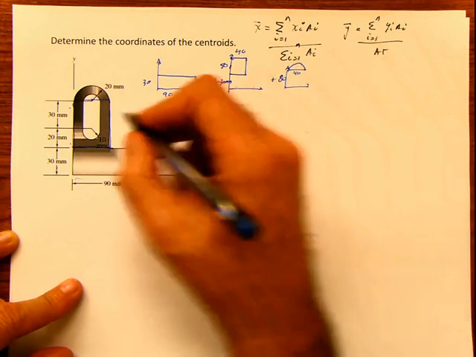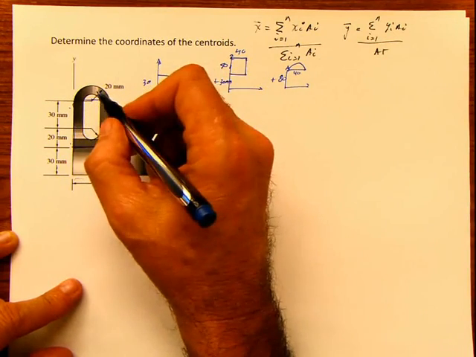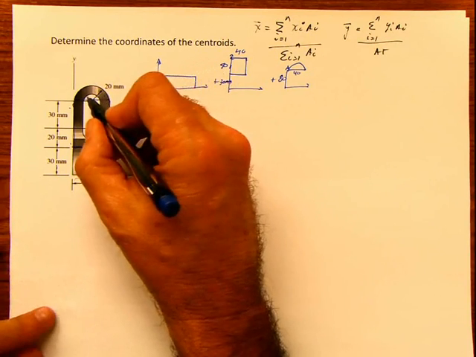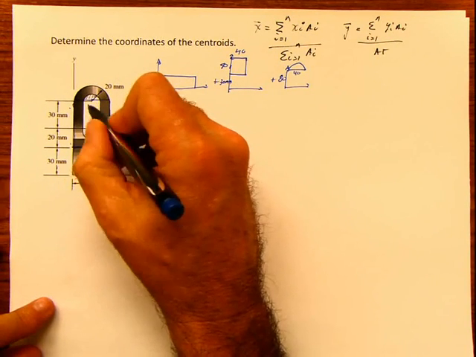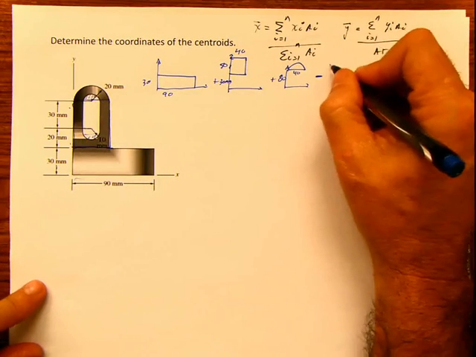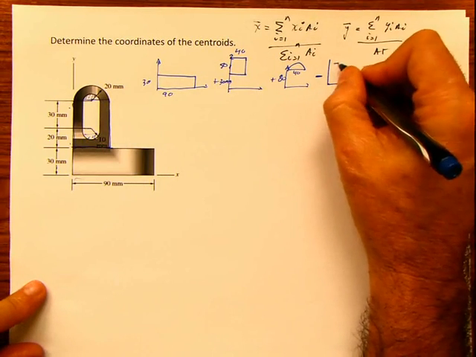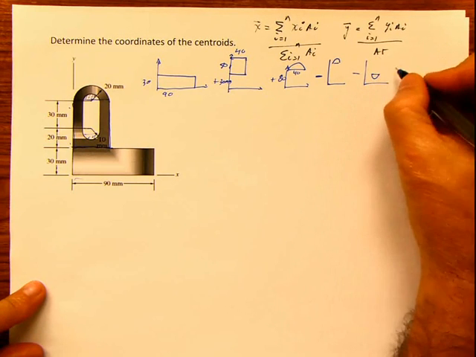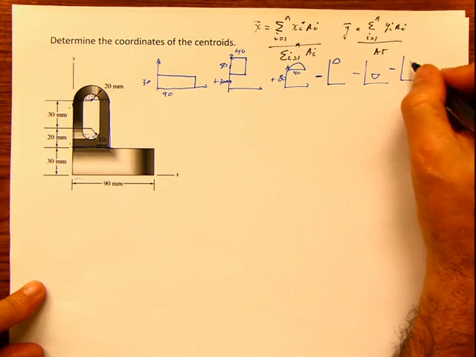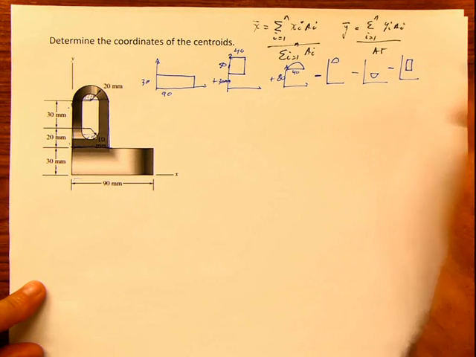And then I have to subtract three parts. I have to subtract first this, and then this, and then this.